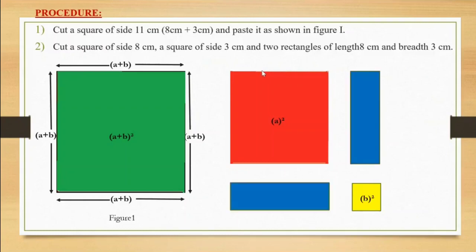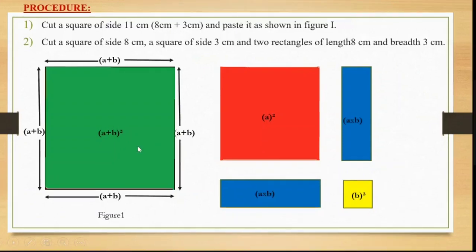Third, I take two rectangles, each of length 8 and breadth 3. So a was 8, so this becomes a, and breadth b was 3, so this becomes b. So the area comes out to be a × b. Now let us try to arrange them on this square and see what will happen.